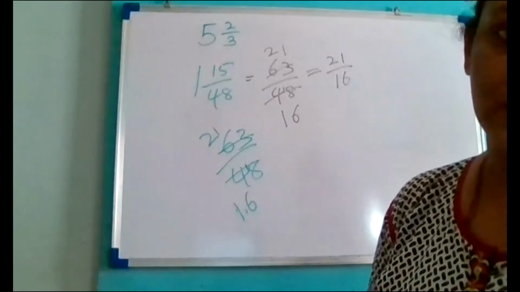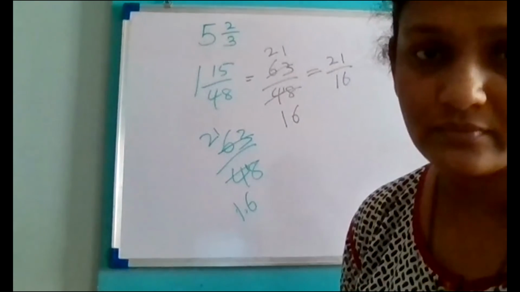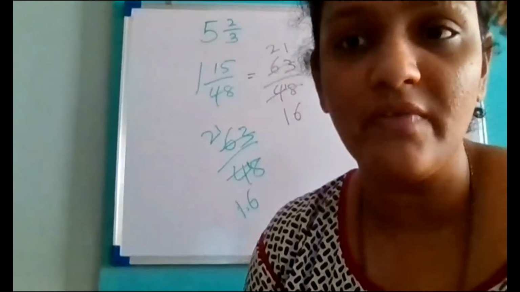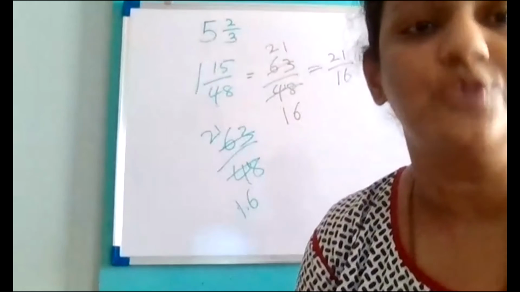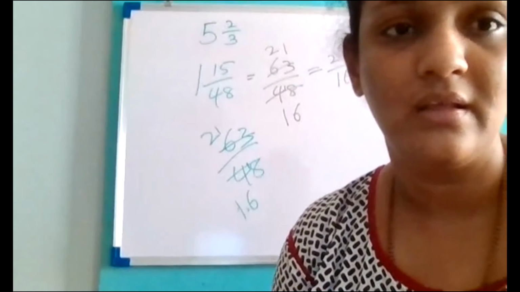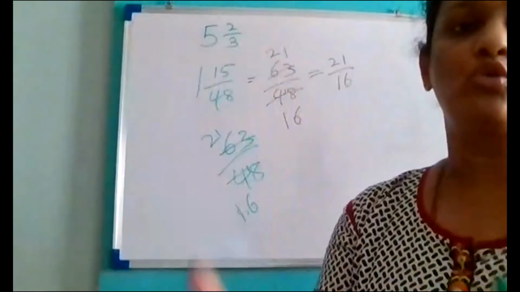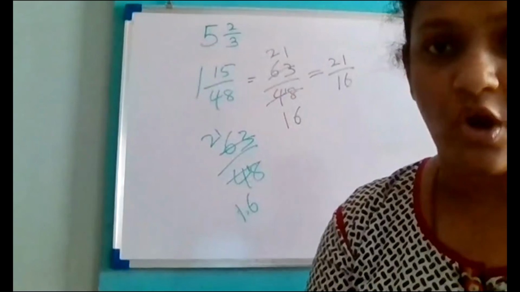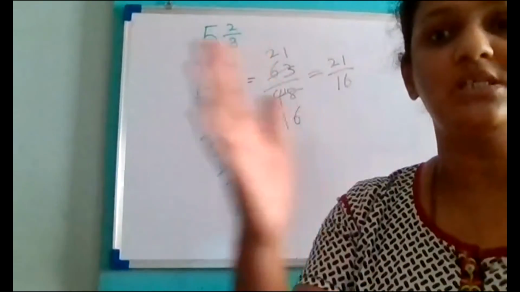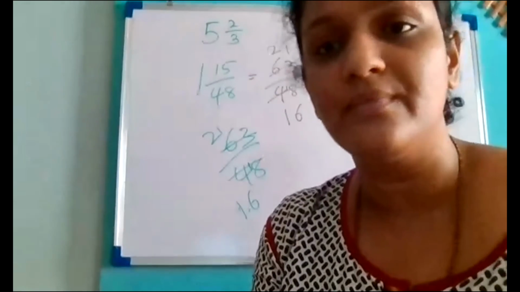Okay? Any doubts, class? No, ma'am. Now we will start with a new topic. For the last 10 minutes, I'm really sorry for the disturbance. We had learned how to convert improper into mixed, mixed into improper, how to bring it to its simplest form, how to add unlike fractions, how to add like fractions. Umar, do you have any doubt?